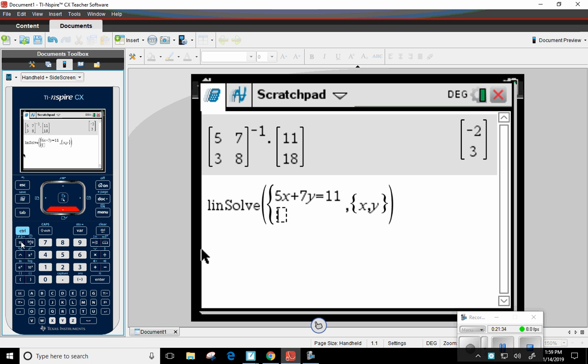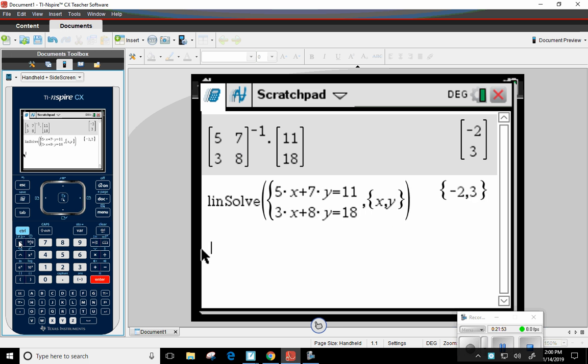And then the other one, 3x plus 8y equals 18. You just type it in. For the calculator, it does not have to be in standard form. It could be in slope-intercept or any other form, as long as you have the equation. Then push enter and see it gives me the same result.